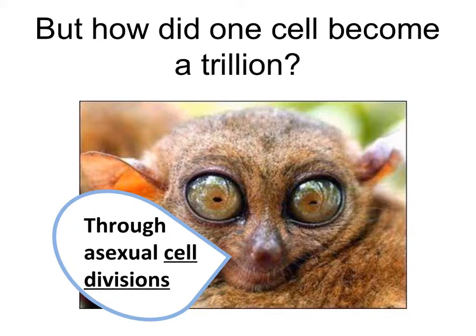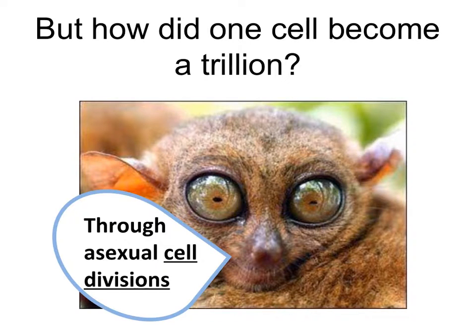And as our talking tarsier correctly stated here, through asexual cell divisions. Now, yes, we reproduce with sexual reproduction, but our bodies maintain themselves, heal, and grow through asexual reproduction. So we do asexual reproduction to maintain our bodies, but to create offspring, we will do sexual reproduction.